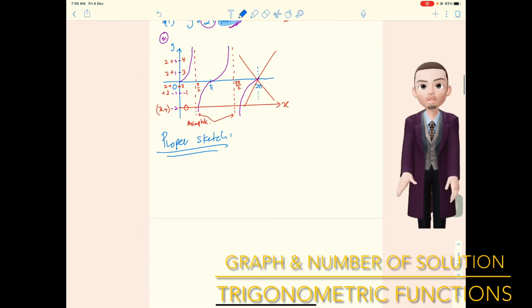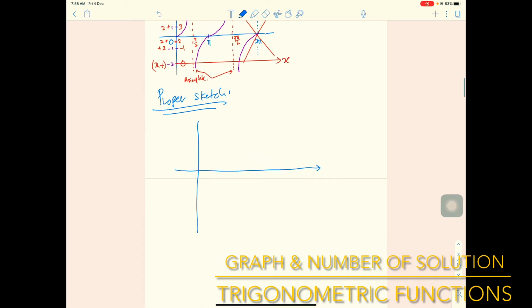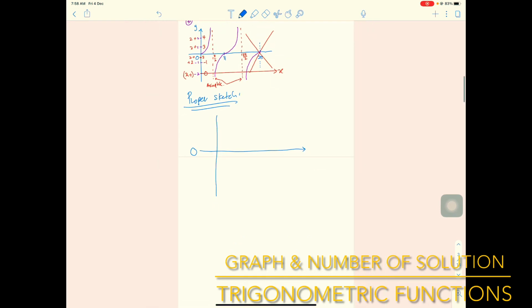Okay, so this is the x-axis. As usual, you draw the basic axis. The axis starts here. Let's say this is 0. So from here, let's say this is the real x-axis. So pi, let's say 3 pi over 2.